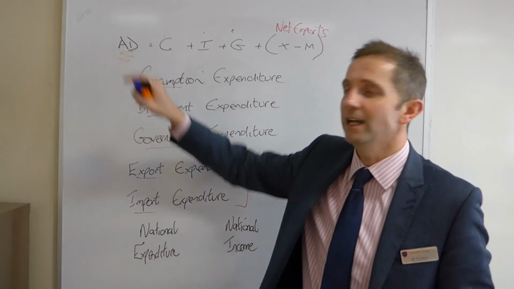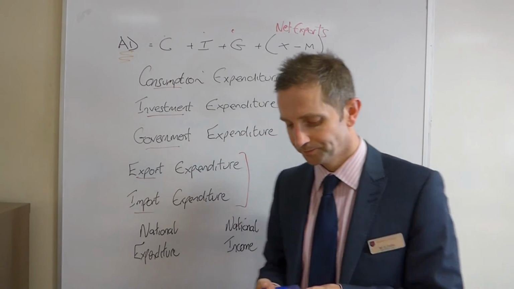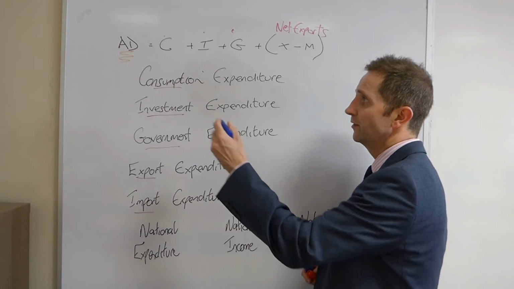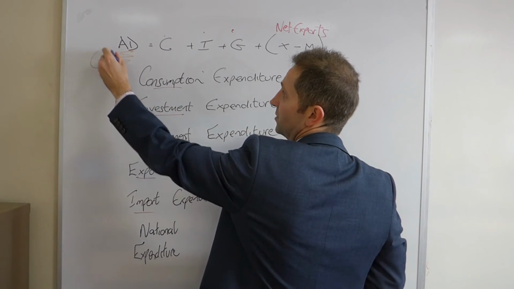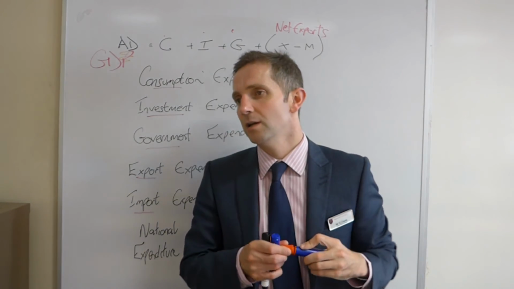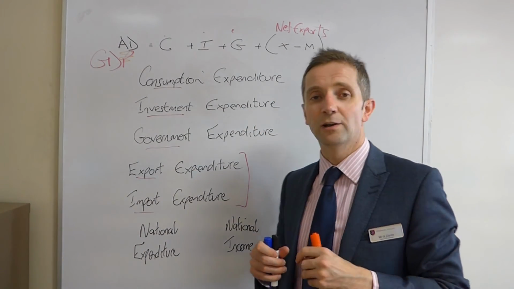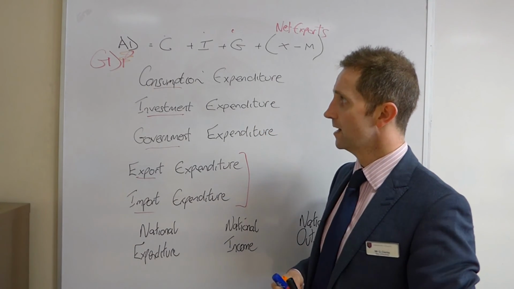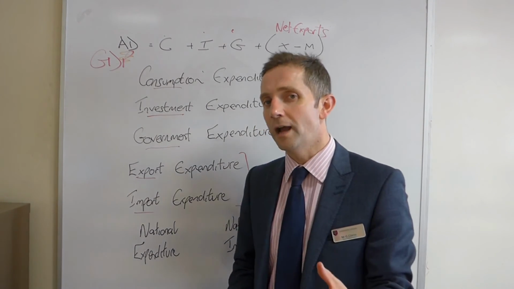So we're measuring AD, aggregate demand. We're also in effect measuring something which you may be familiar with, also referred to as GDP, the gross domestic product. So the total value of goods and services produced by an economy's resources. And there are a number of names for that.